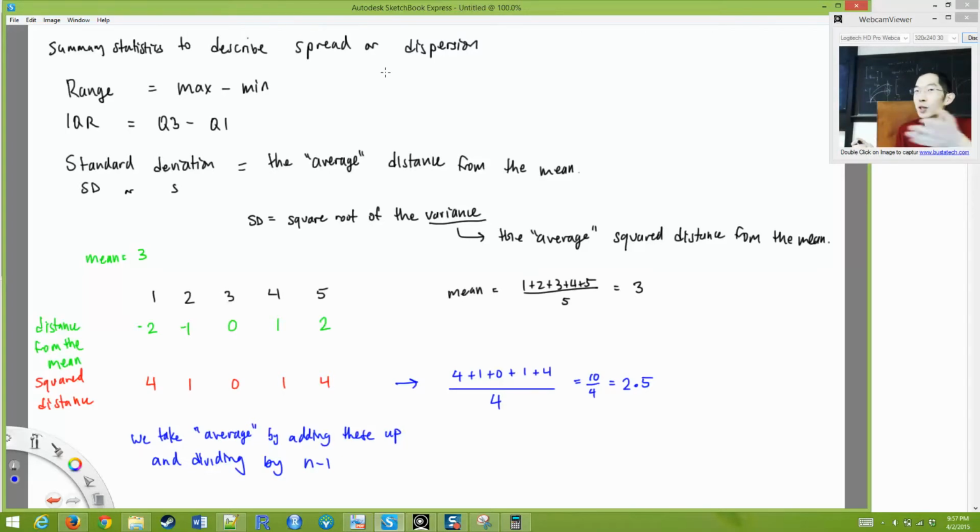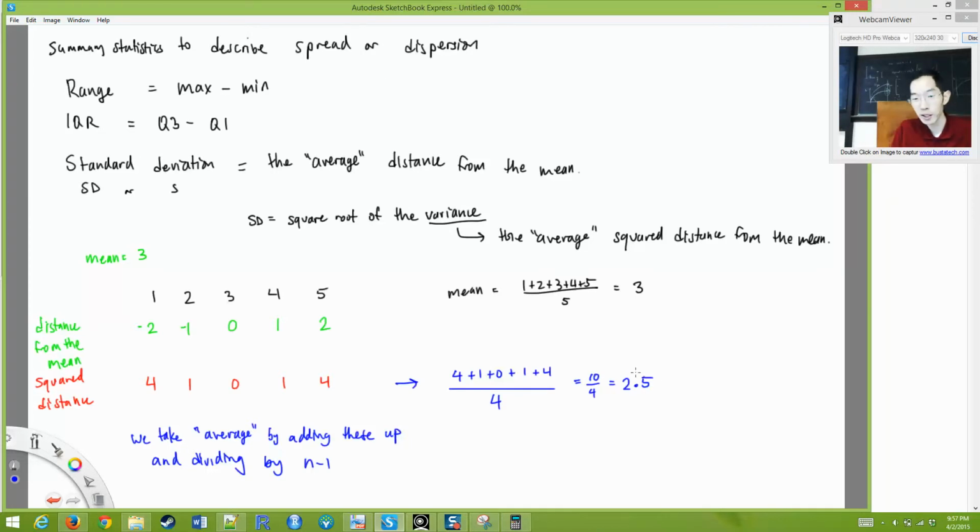With income you have people making 100 times as much as someone else, but you don't have people who are 100 times taller than someone else. And that would be reflected in all of these numbers. The range, the IQR, the standard deviation would all tell you you don't have as much spread for height data as you do for income data.